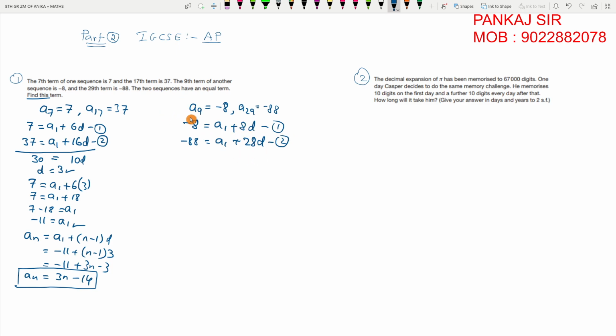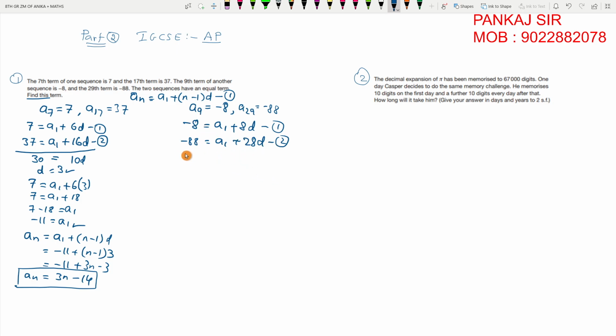Now see, in the first part, I have explained to you that any arithmetic sequence or arithmetic progression can be written as An is equal to the first term, that is A1, plus n minus 1 times D. And this particular formula I'm using in these two APs. And with that, I'm trying to find out the A1 and D for both the sequences.